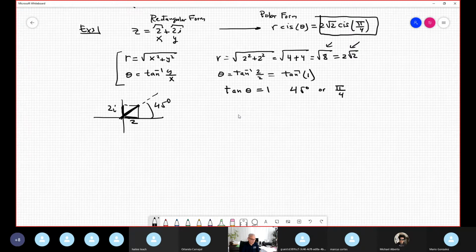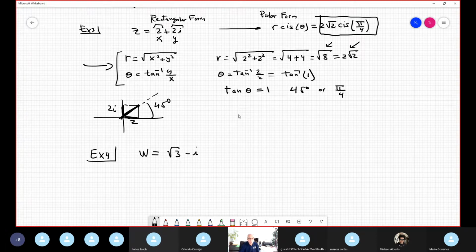One more. Example 4, which is the most complicated part. Conversion from rectangular to polar. Suppose another complex number. I always call it z or w, either way. W now. It's the typical letter we use to call a complex number. It is radical 3 minus i. Again, from rectangular to polar, same equations.